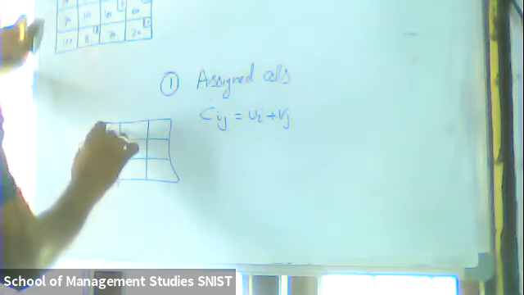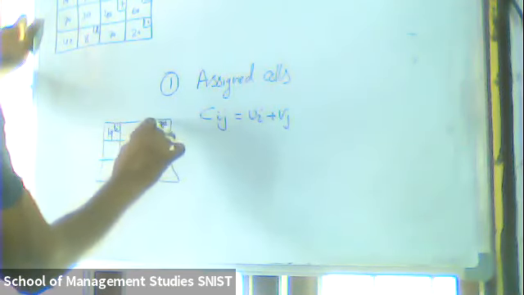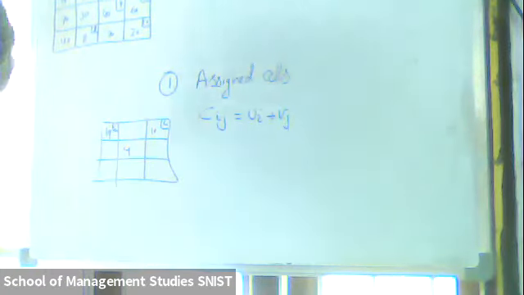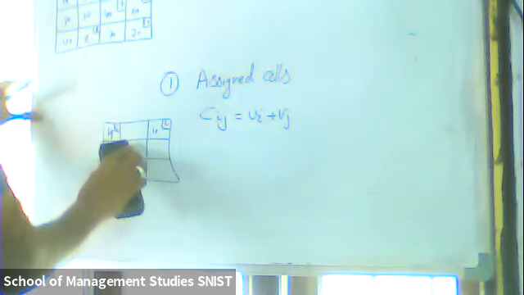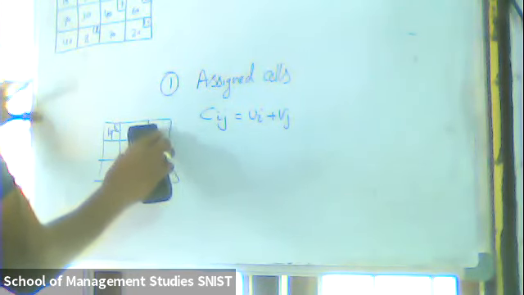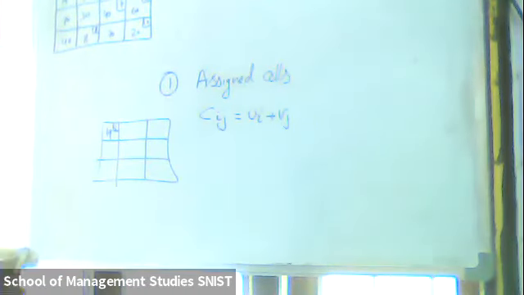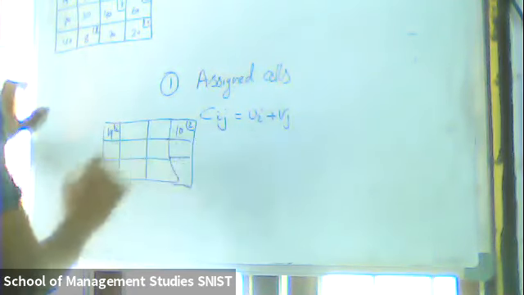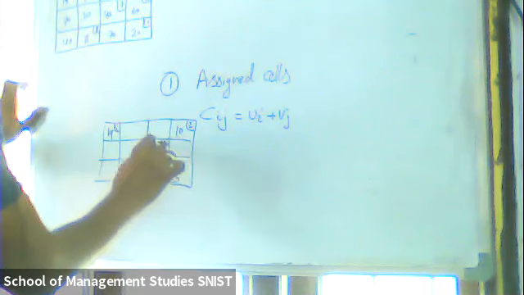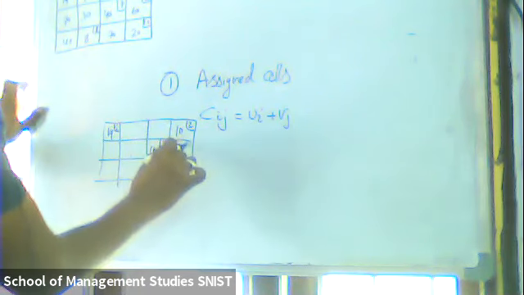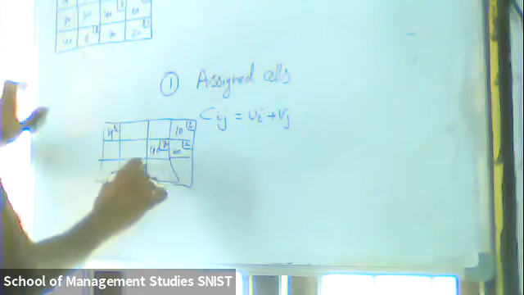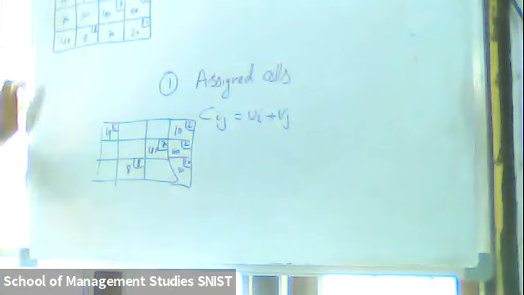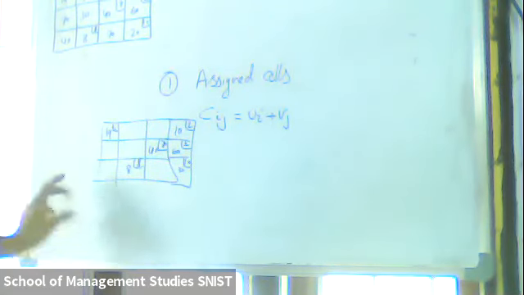Which ones? 19, 5 and 10, 2, 40, sorry, 4, then 10, 47, then 62, then 8, 8, 20, 10. So I wrote only the assigned cells here. Is it clear?